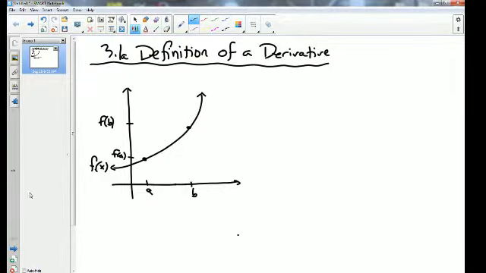What can we calculate using those 2 points? Yes, you can calculate the slope of a secant line.